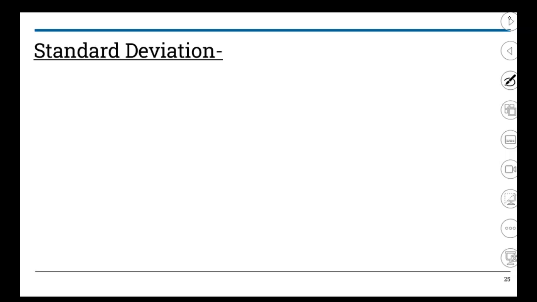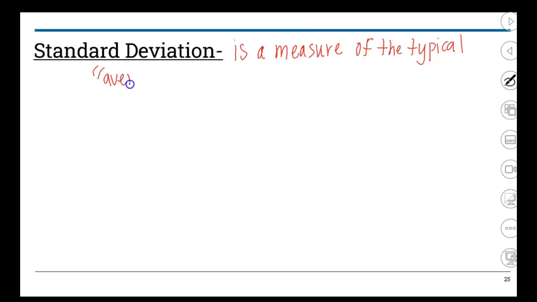Okay. So it's the measure. Write this down. The measure. You're writing this inside the golden sheet. The typical average. Okay, so deviations is you doing the difference. Standard deviation is you doing the average of those deviations, okay?